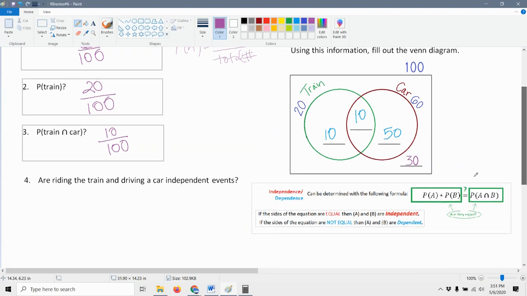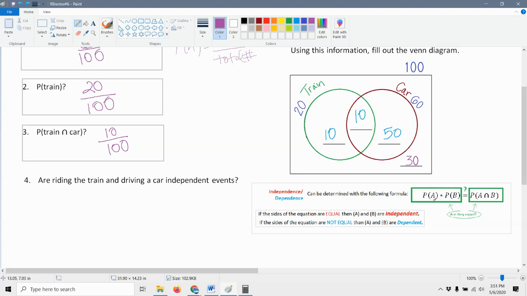Well, now part 4 asks, are riding the train and driving a car independent events? That's the question. When we're trying to figure out if two different events are independent or dependent, we have this formula, right?